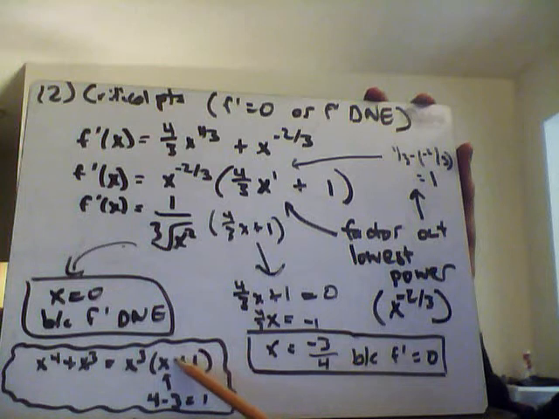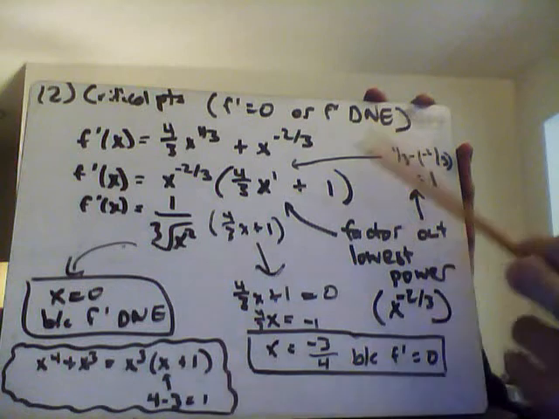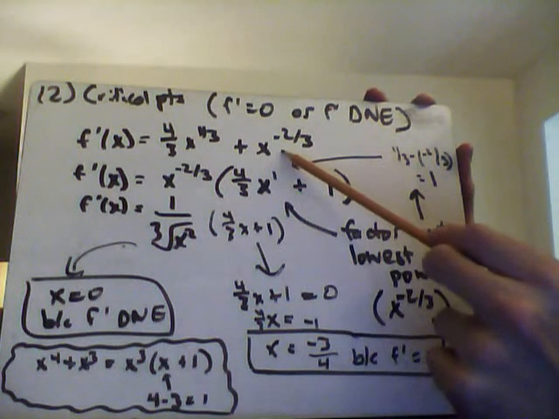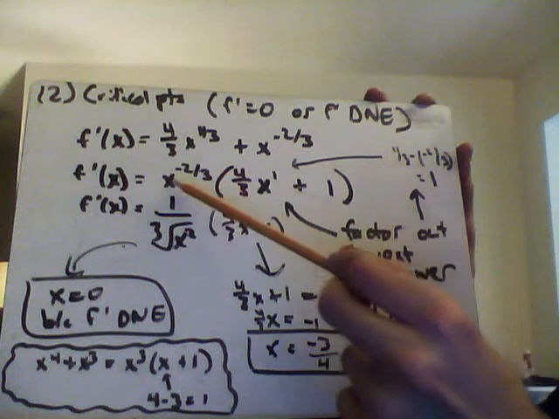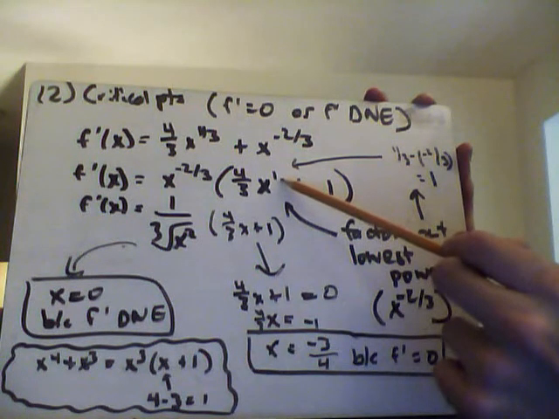Why do you have an x to the first plus 1 here? Well, that's because when we factored out an x cubed, the powers reduce to 4 minus 3, what we had originally minus what we factored out, or an x to the first here. Well, it's the same idea here. We want to factor out the lowest power, which would be x to the negative 2/3. When we do that, what we're going to be left with is an x to the first.